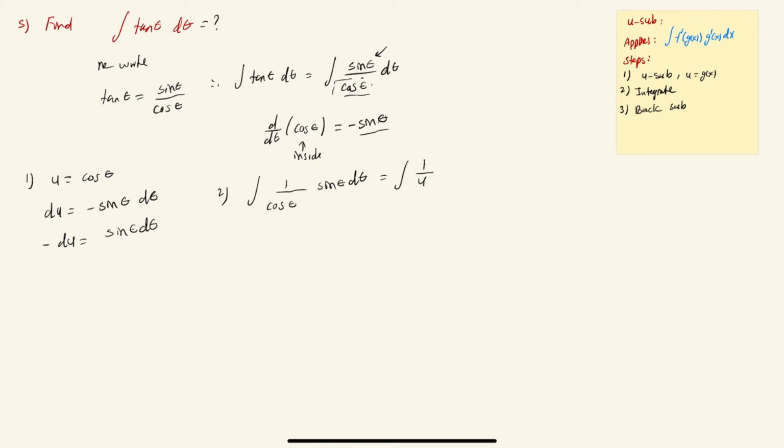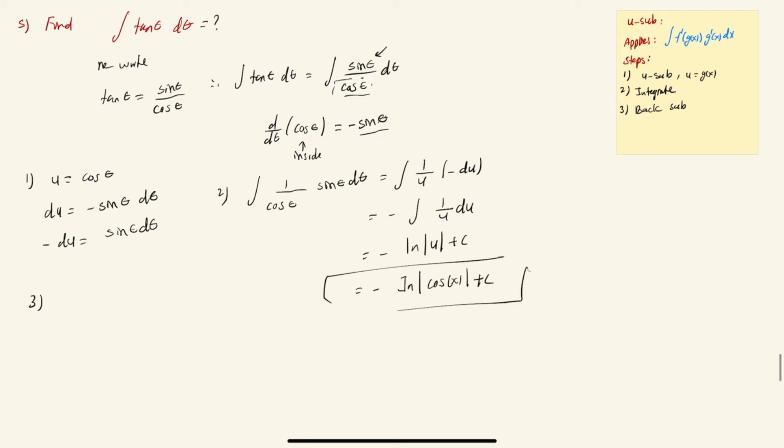So that's going to be the integral of 1 over u and then minus du. Now I'm going to pull the minus sign out of the integral and we're left with 1 over u du. Now we can take the integral of this function. It's just going to be minus natural log of the absolute value of u plus c. Now we can back substitute the function of u from the first step. It's going to be cosine of theta.